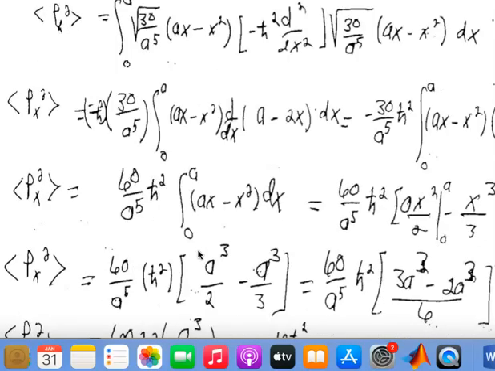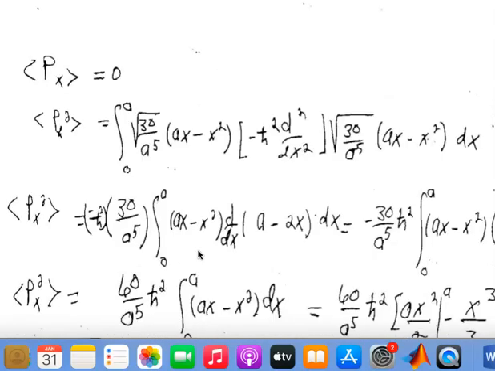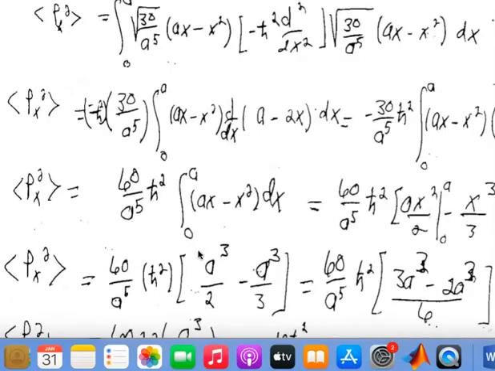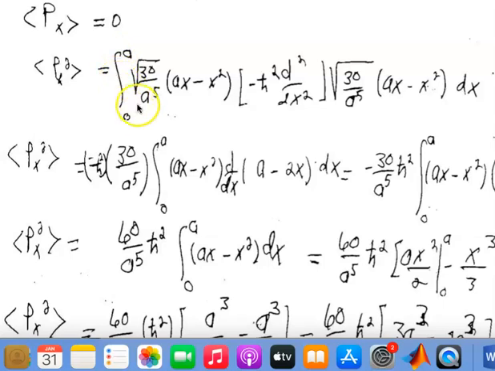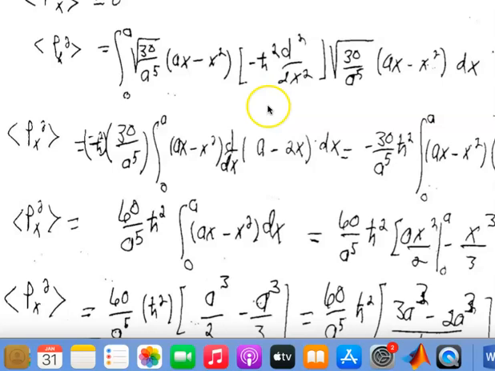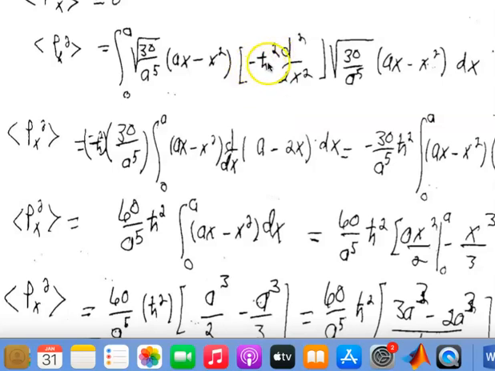Now I want you to also calculate the uncertainty in px, and that's going to turn out to be 0. But what I want to really show you now is how to find the expectation value of px squared. So you have to integrate from 0 to a of psi star, and px squared is negative h bar squared d second dx second.